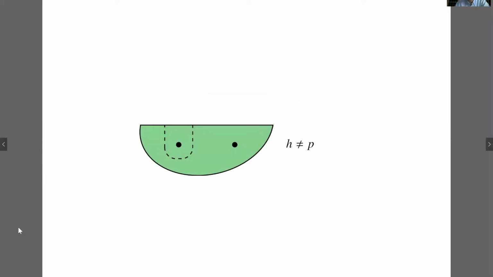If a model assigns different things from the domain to these two names, then they are different things across all the possible worlds. Therefore, you cannot construct a model like this. So that's one problem.